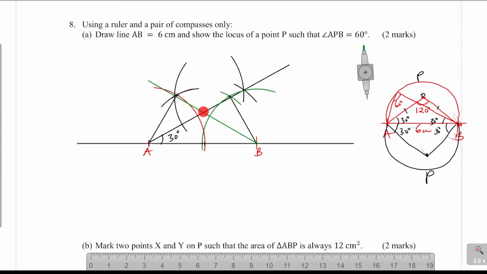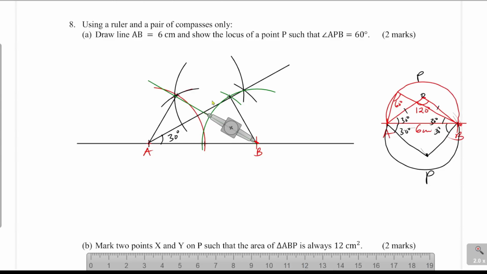So you have now the center. This is the center that you're going to use. Then open this pair of compass up to the point where it touches A. Then with that radius, you can construct now the locus of P, which will lie anywhere along that arc that I'm drawing there. Well, there's something wrong here.